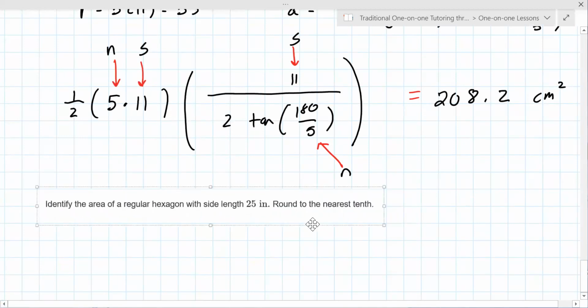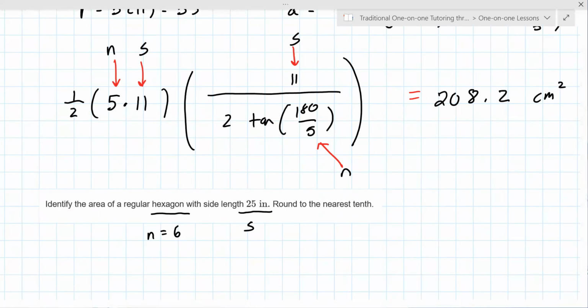So your hexagon is n equals 6 sides, and S is now 25. Okay, I get 1,623.8. Perfect.